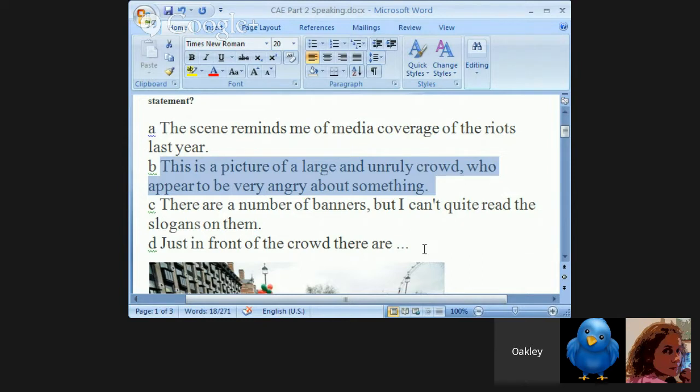All right. In short, this is a picture of a large and unruly crowd. Okay, a slightly unusual vocabulary word here. Notice also two adjectives to describe the noun. Why use one when two was better? Or, in fact, where you could use an adverb and adjective combination to describe a noun, why not do it?